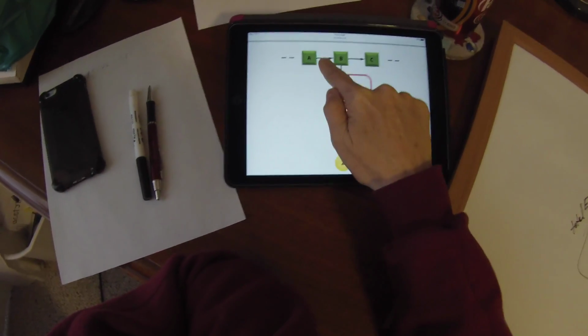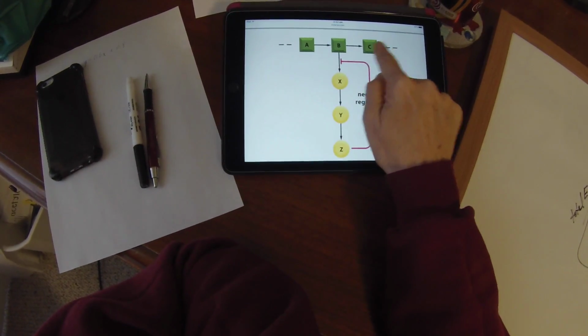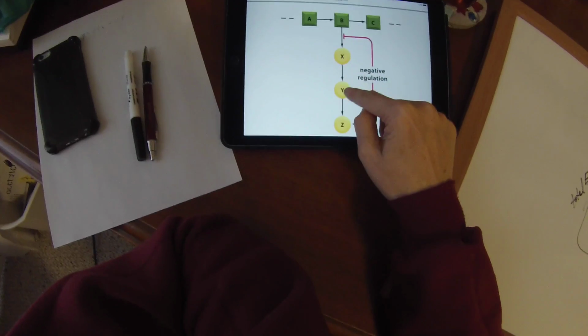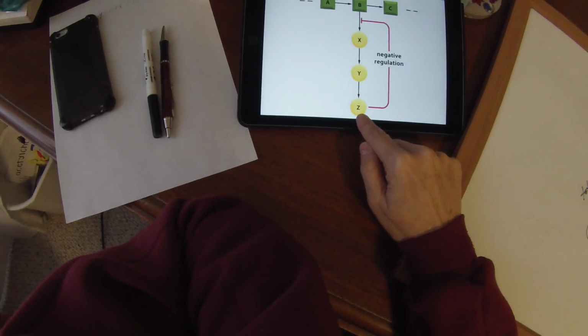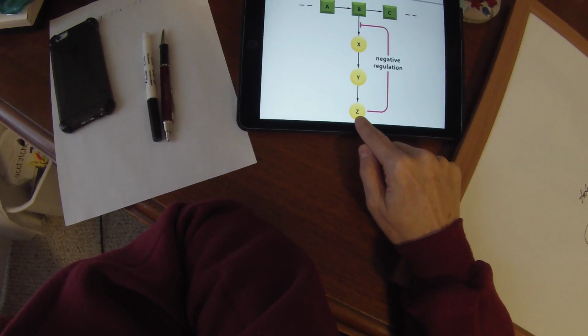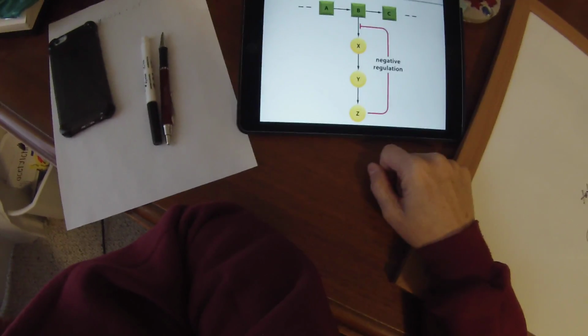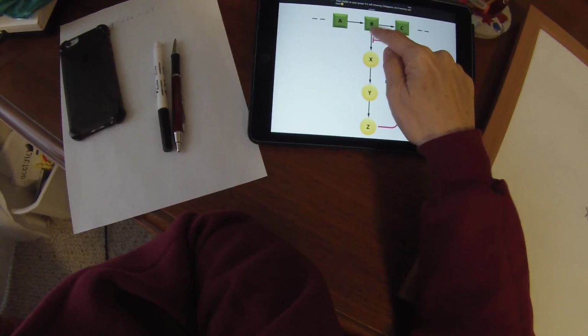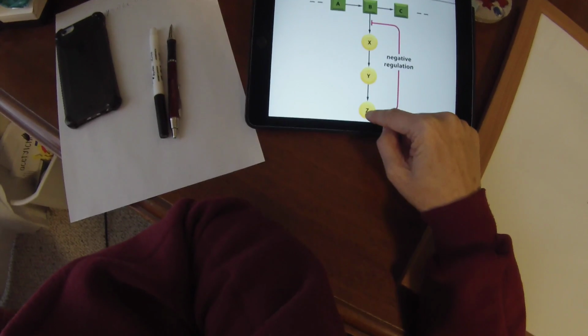So, if we have a synthesis pathway where A produces B, produces C, B produces X, then Y, then Z, if we build up enough Z so that we don't want any more produced, Z is going to find a way to impact the first enzyme that is unique to its production line.